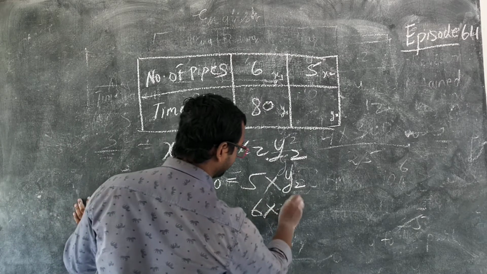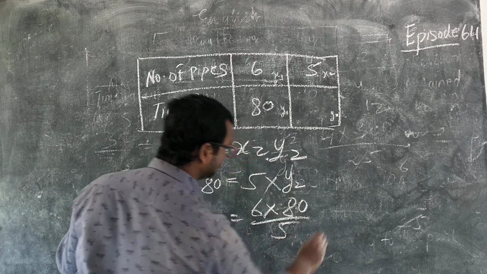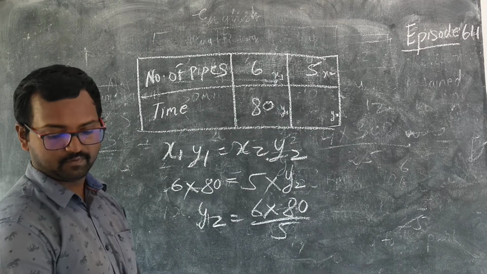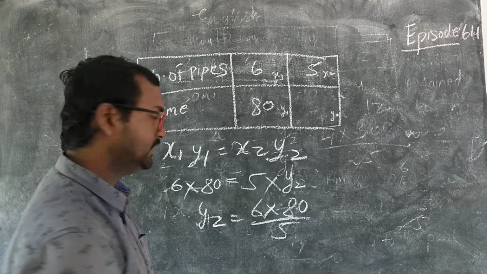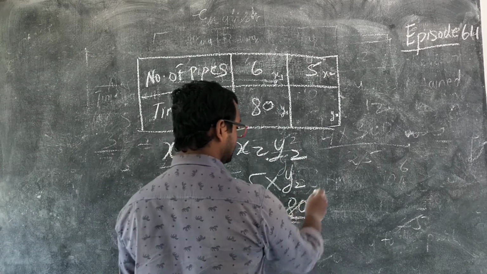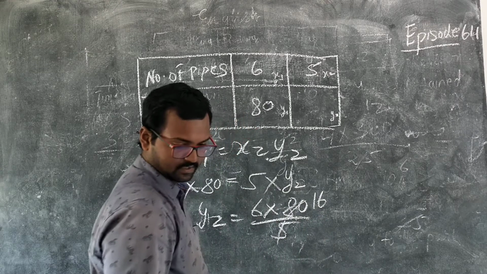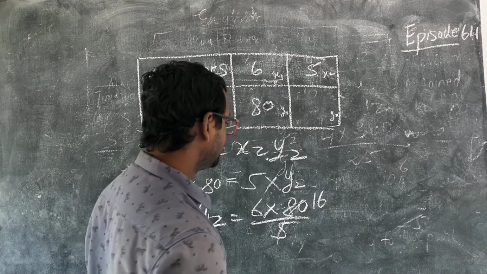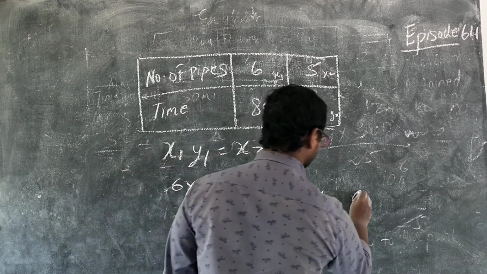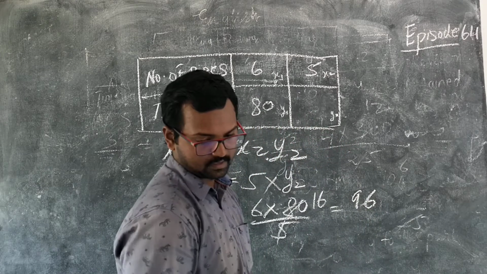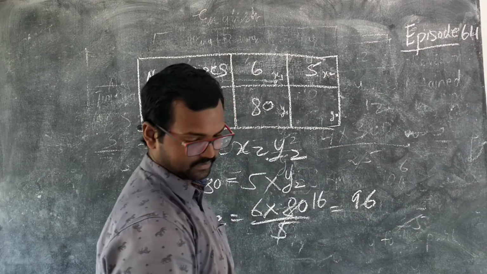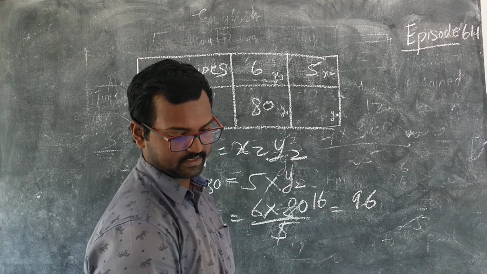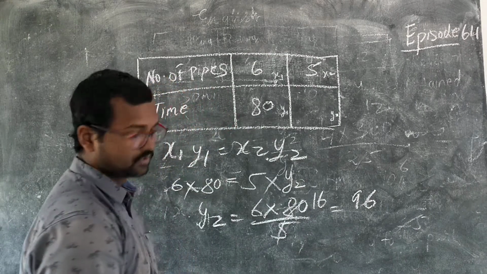So 6 into 80 divided by 5. 80 divided by 5 is 16, and 16 into 6 is 96. We will get 96. So that is our answer.